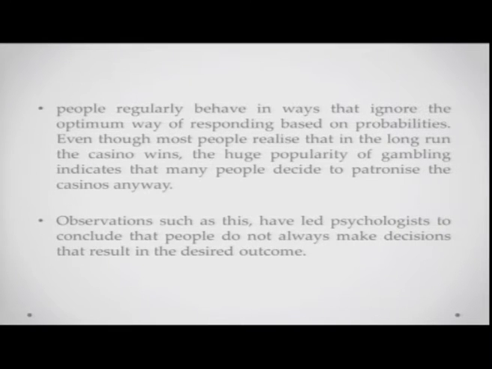But these things are popular, people are using them, and they are getting more popular by the day. So, observations such as these have led psychologists to conclude that people do not always make decisions that result in the desired outcome, or that optimize or maximize the utility or monetary value.